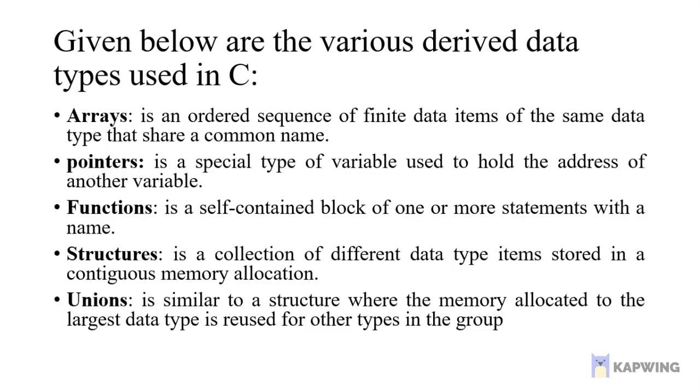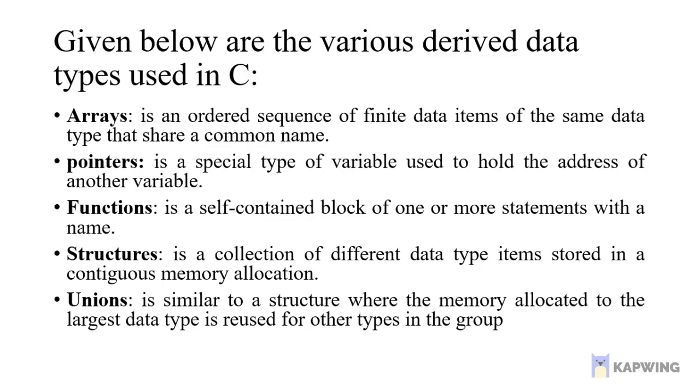Next comes the function. A function is a block in which we write the program to be executed, or in specific cases a self-contained block of one or more statements with a name. Next comes the structure. A structure is a collection of different data type items stored in contiguous memory locations. For structure we use the struct keyword to declare it.